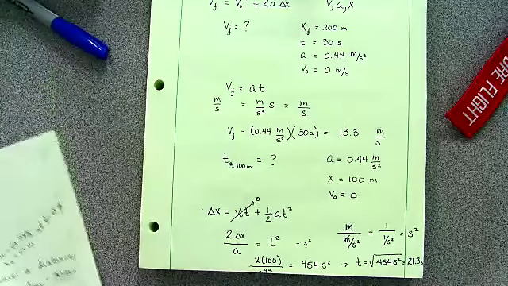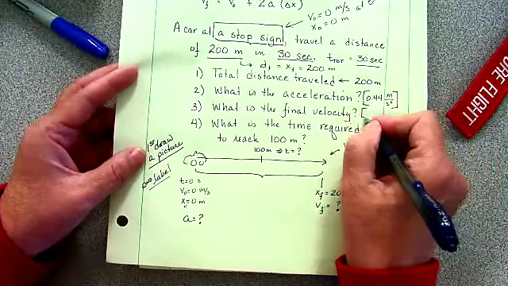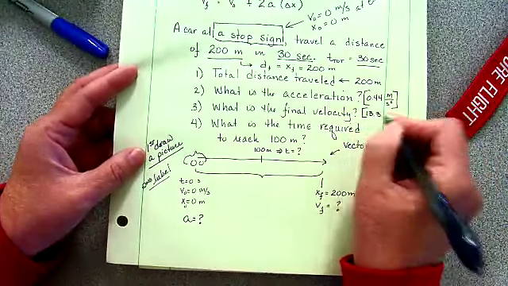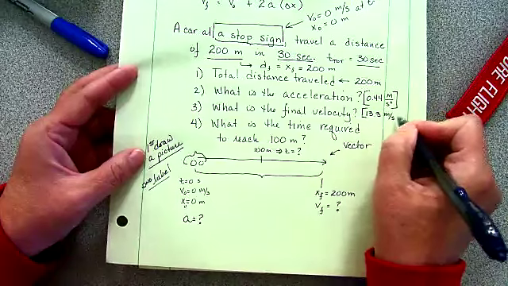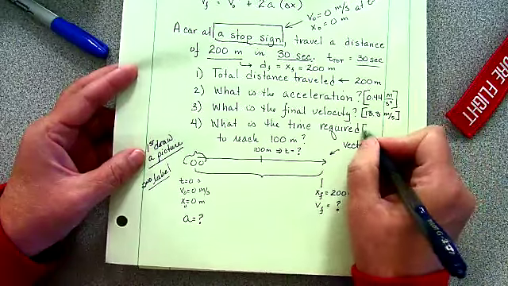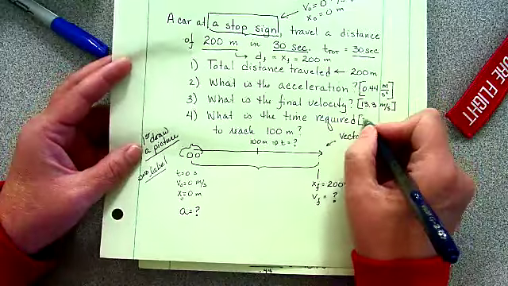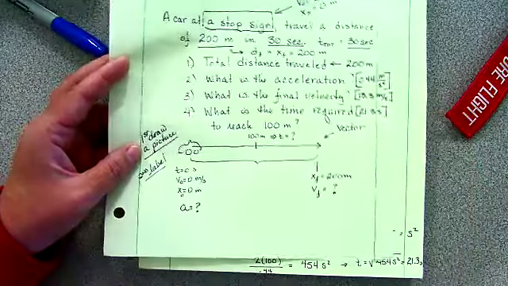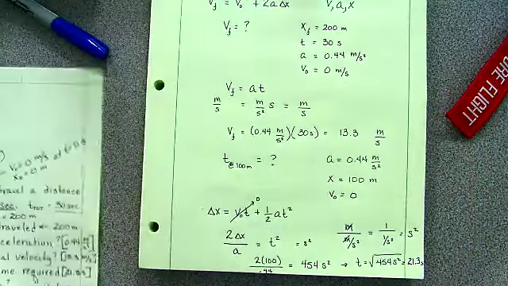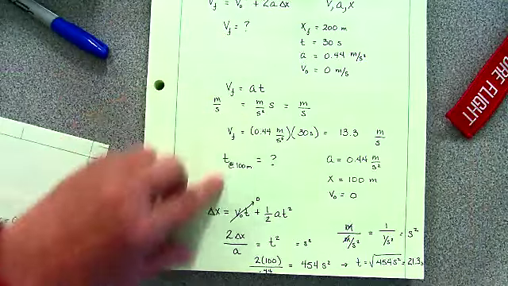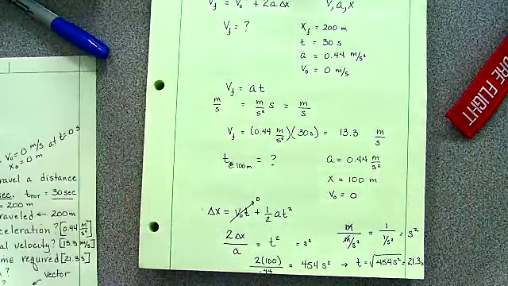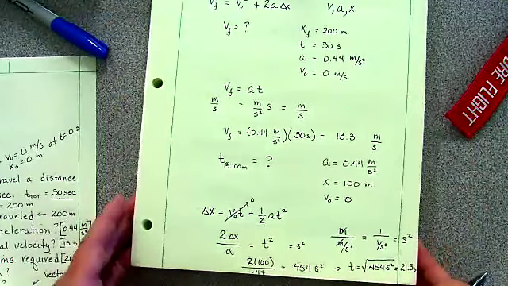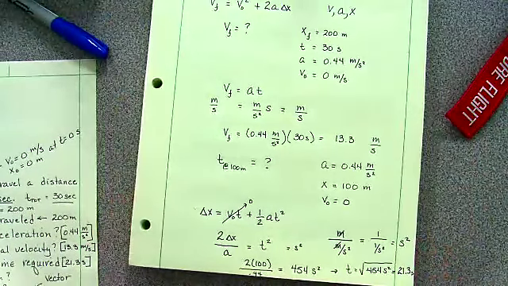So now we had our final velocity, which was 13.3 meters per second. And the time required was 21.3 seconds. And we did our unit analysis all the way through. Questions?